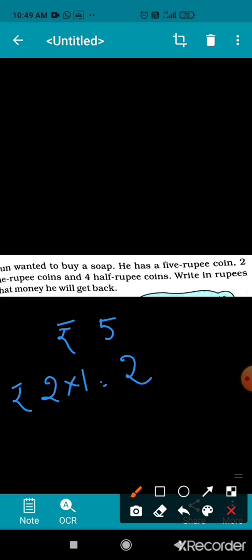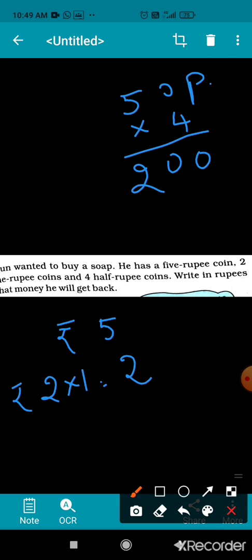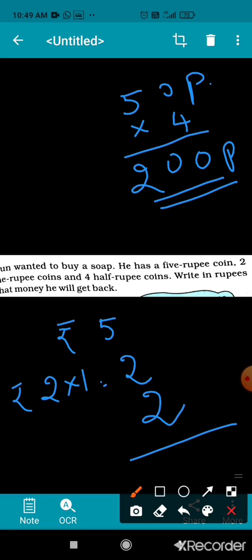And 4 half rupee coins. Half rupee means 50 paisa. 50 paisa coin 4 means 200 paisa, or you can say 2 rupees, okay. So total he has 9 rupees.